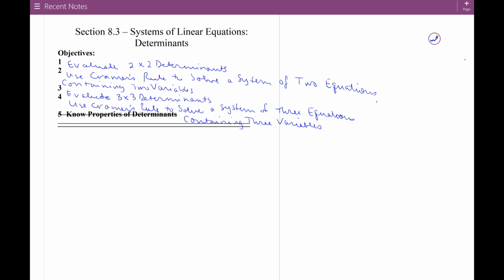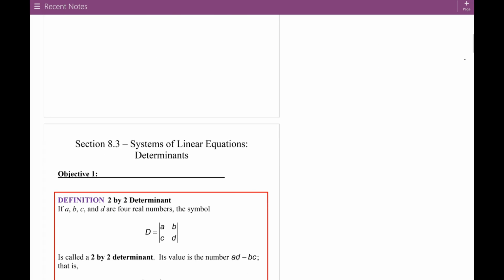And if you end up taking linear algebra, you'll learn a lot more about the properties of determinants, so we don't really need to worry about them too hard at this point.